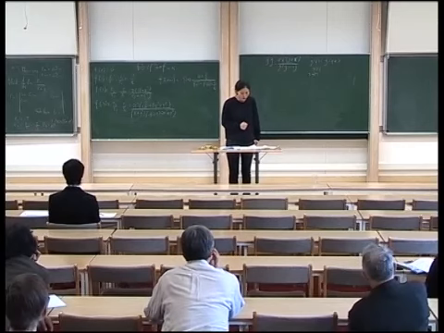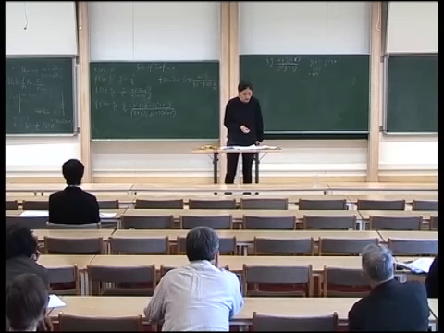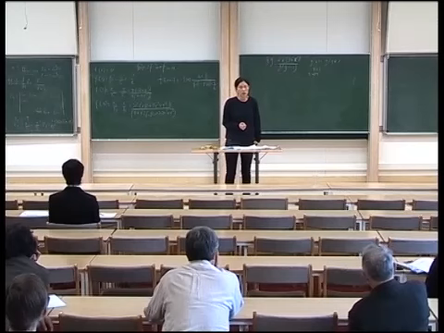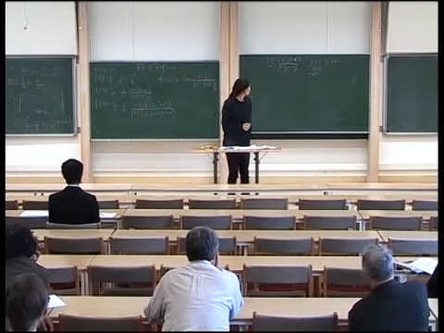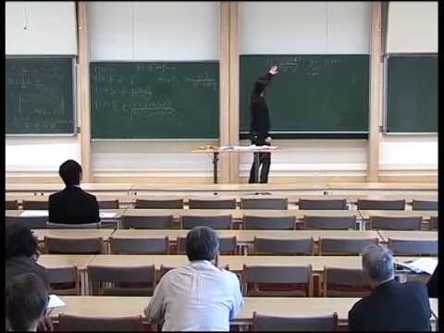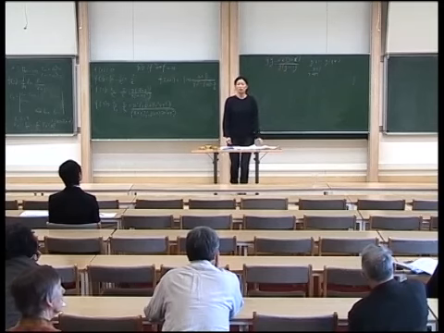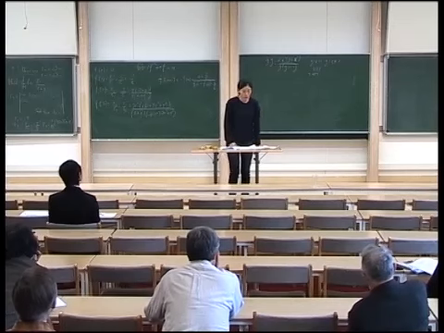Difference Painleve equations, like their continuous analog, have special solutions. In particular, they have rational special solutions, a hierarchy of them, for special values of the parameter. In this case, alpha would be the parameter for this qP2. There are two types.